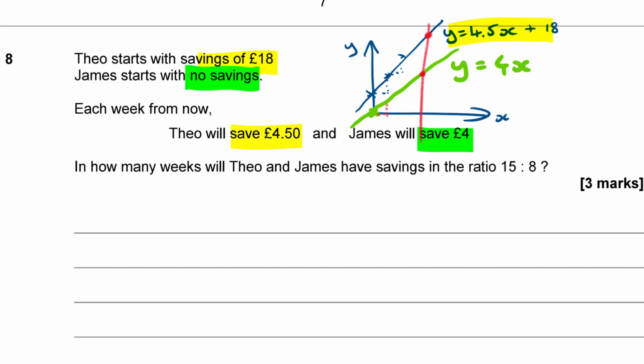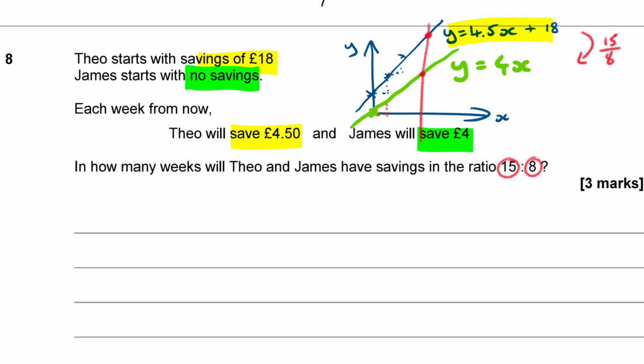Clearly Theo is earning more and the gap between them is going to get wider and wider, so it's Theo who has the 15 and James who has the 8, or the equivalent ratio. So this value up here is going to be 15/8 of that one.